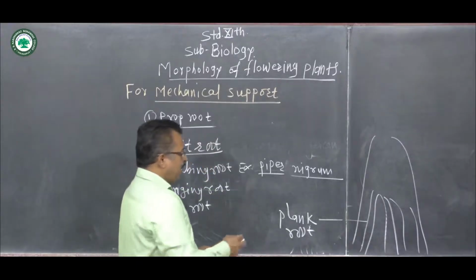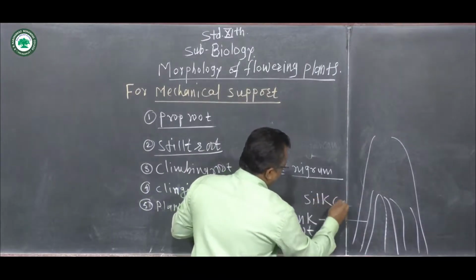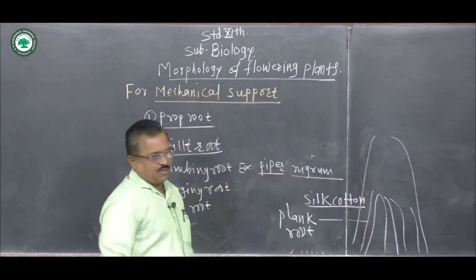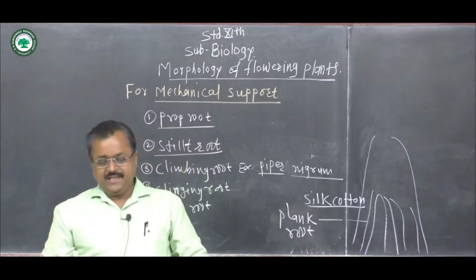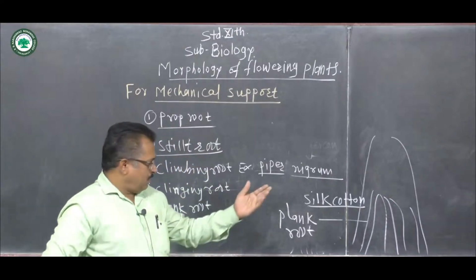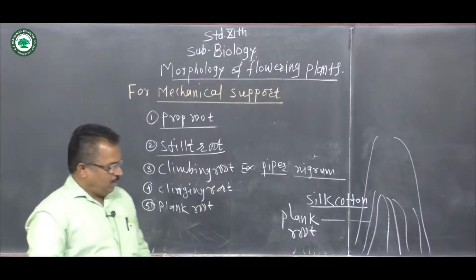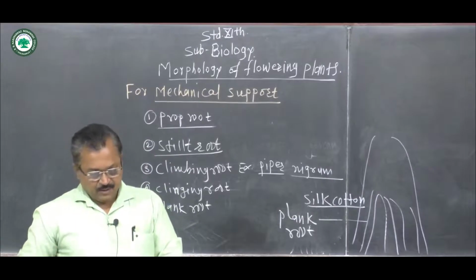For example, silk cotton, or other large trees. Like these plants, the roots are developed for support in large trees.